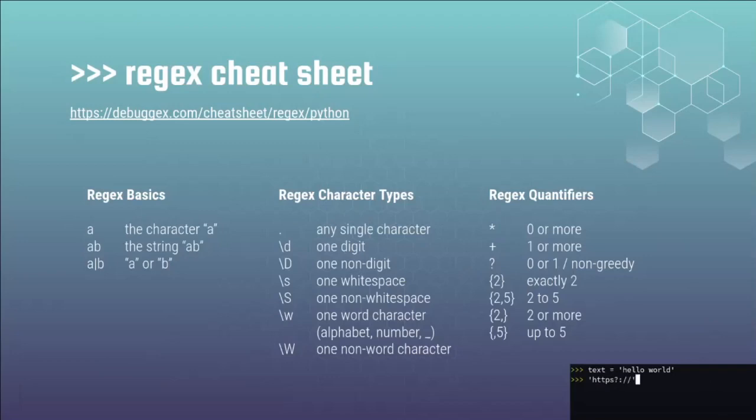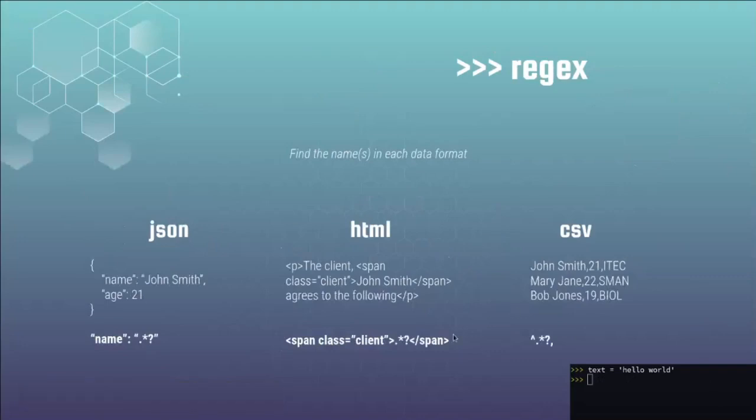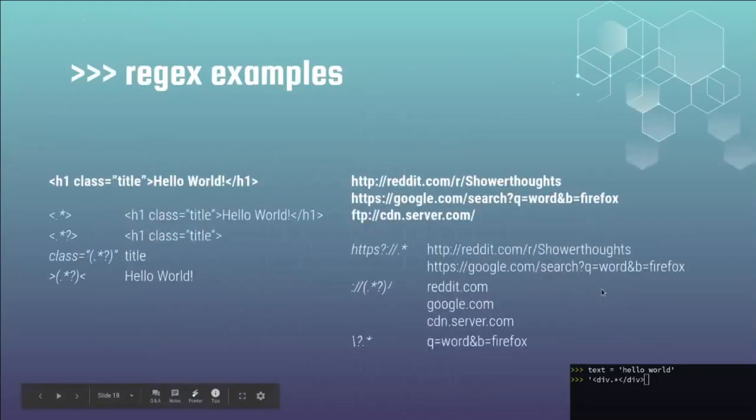Like I said, if we place it after one of these quantifiers, it means don't be greedy. Usually what's going to happen is, suppose we have a regex where we say div, and then we go until we see this. This will match until the very last closing div that we find. I think we've actually got an example of that here. Yes.